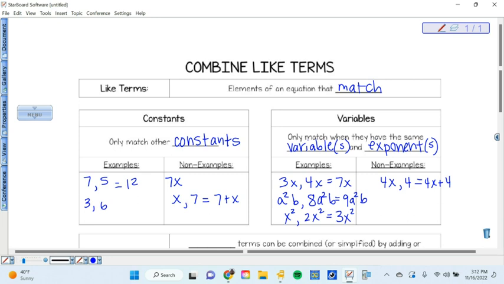Can I get another example of two terms that are not alike? Yeah, 4y and 4x. That doesn't just become 8xy or something like that. It becomes just 4y plus 4x.